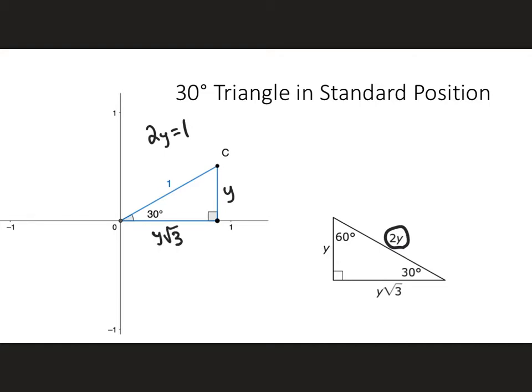So we can solve for what the value of y is by using the hypotenuse. We can plug in that value to the middle and the shortest side. So if 2y equals 1, that means that y equals 1/2. So this side over here will equal 1/2. And then y times the square root of 3 will be 1/2 times the square root of 3, which is the square root of 3 over 2.